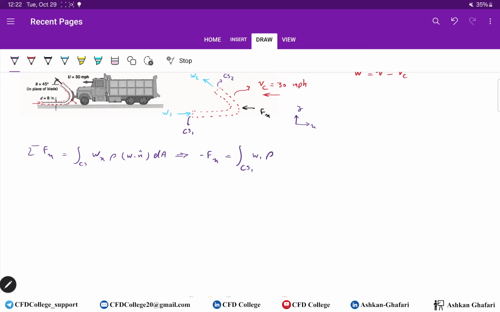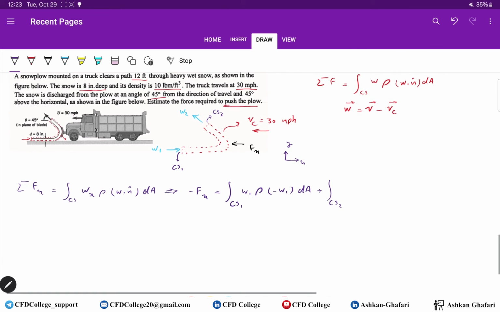Since we have inflow, it's minus W1, and dA, plus over control surface 2, we have W2x.